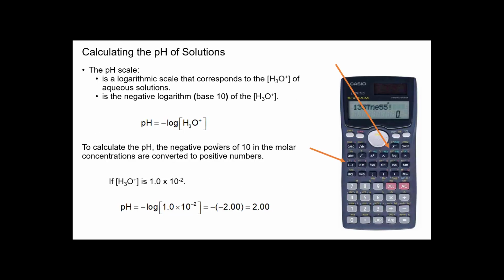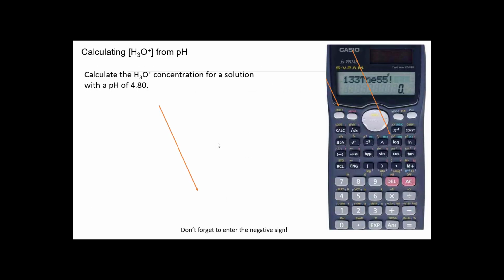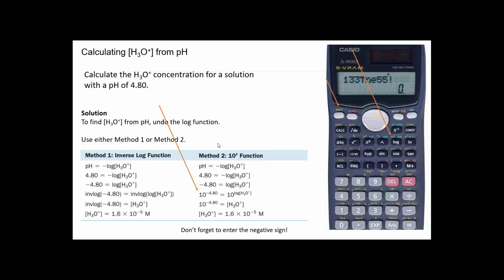And this one is getting the pH using the concentration of hydronium ions. So they're separate, going in opposite directions. Either you want the hydronium ion concentration or you want the pH. So again, shift, it'll get you this 10x.